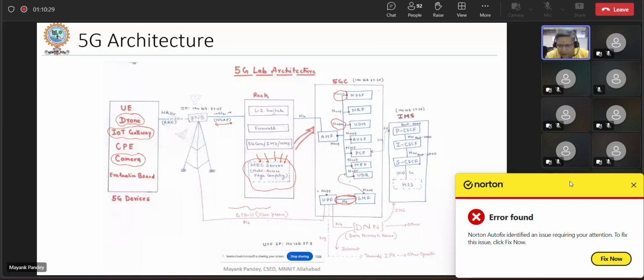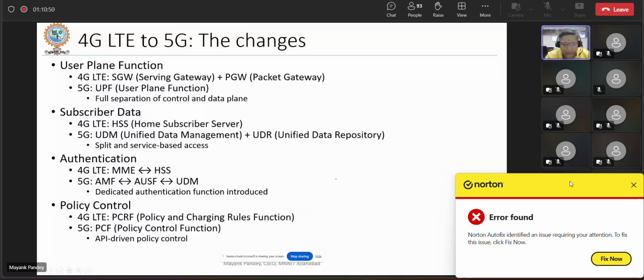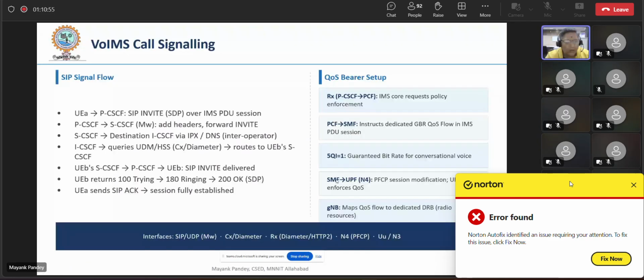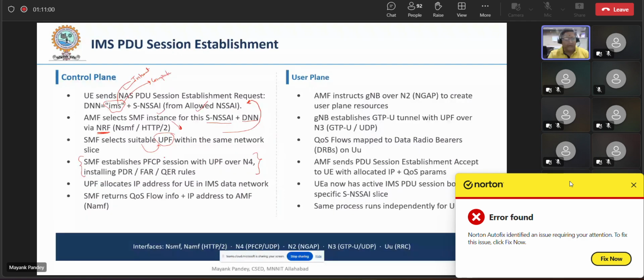A UPF which is relatively lightly loaded will be selected, which can service this UE. And now you have to enforce some policies. And this is where you use this new protocol, which is known as PFCP. And it installs the PDR, FAR, and QER rules.